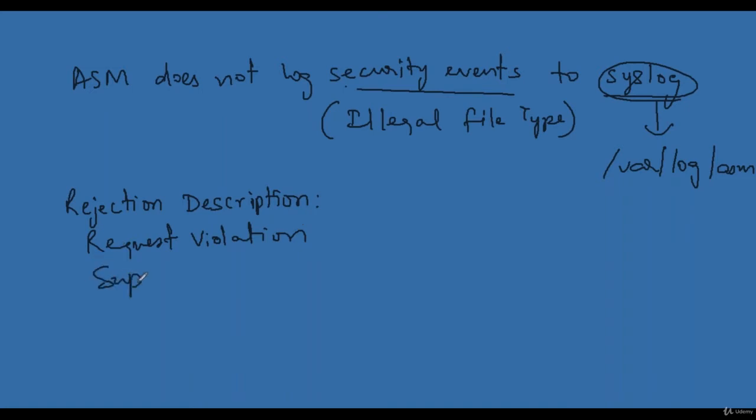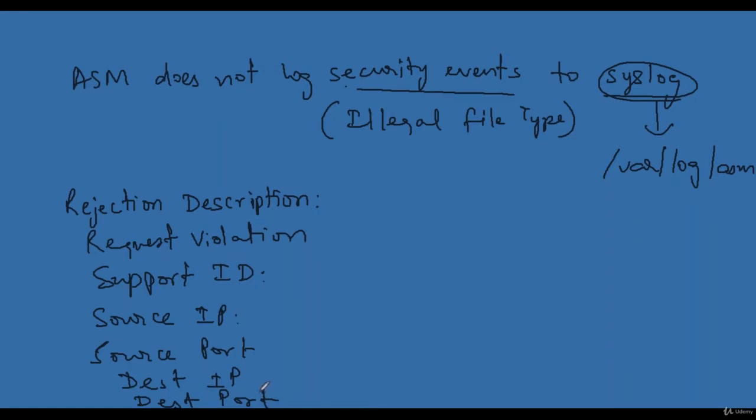Then with respect to each request, you would have a support ID as well, from which source the request came in, what source port was used, what destination IP and destination port were used, what exact request was initiated, what the username is, what the session ID is, and what the violation rating is.